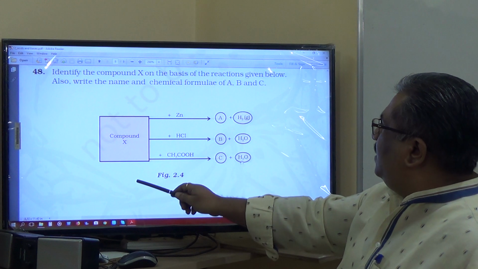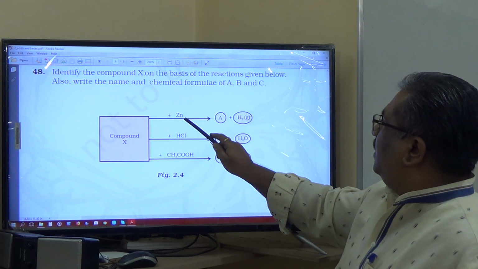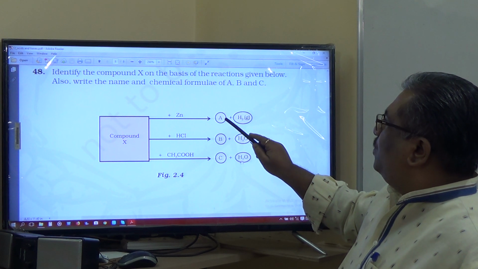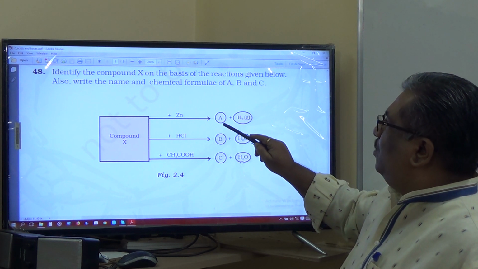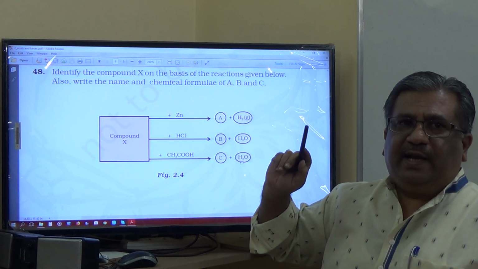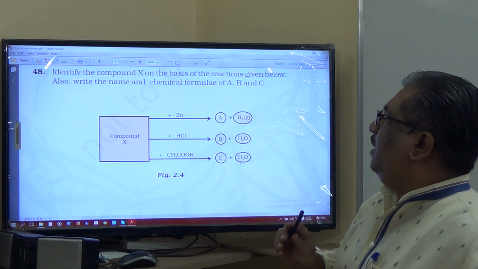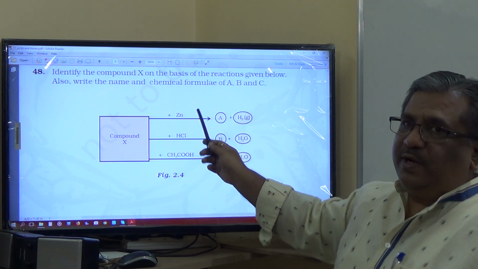If it is a base here, I can consider this to be NaOH. NaOH plus Zn gives you Na2ZnO2. It should be sodium zincate.